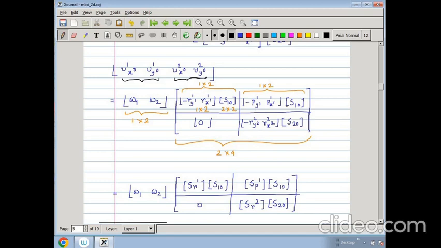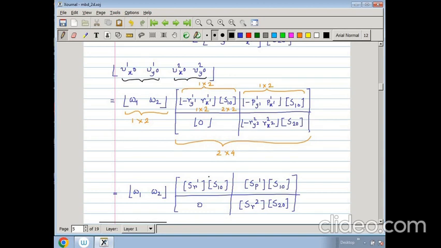Similarly, this is 1 row, 2 columns. So there are 1 row and 4 columns. Here also there are 1 row and 4 columns. So this is 2 into 4, 2 rows into 4 columns. So 1 into 2, 2 into 4, you get 1 row and 4 columns. So the left hand side and right hand side match.